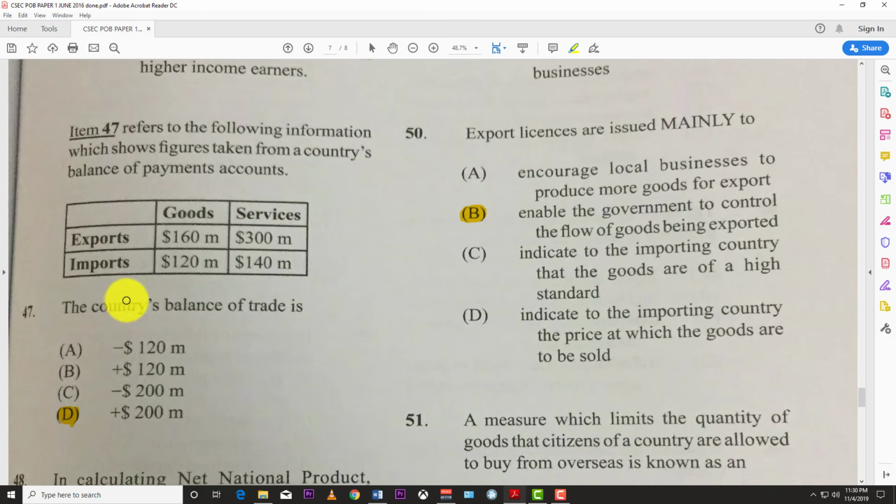So you put the exports first, which would be 160 plus 300. So that's 460. You put the 460 first, and then you minus the imports, which is 260, and you get positive 200. So exports goes first. All right, so you have a trade surplus right there.